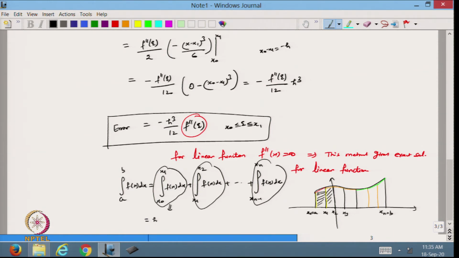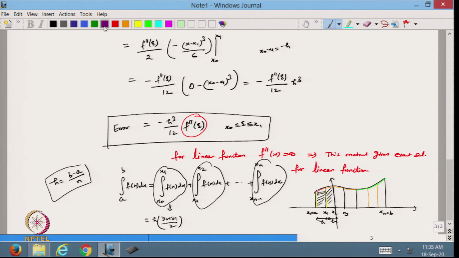My h is (b minus a) by n, where n is the number of subintervals. So, this is my h. From here I will get h times (y0 plus y1) by 2.